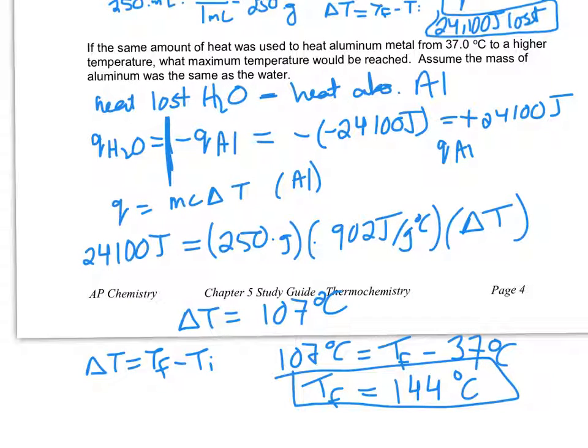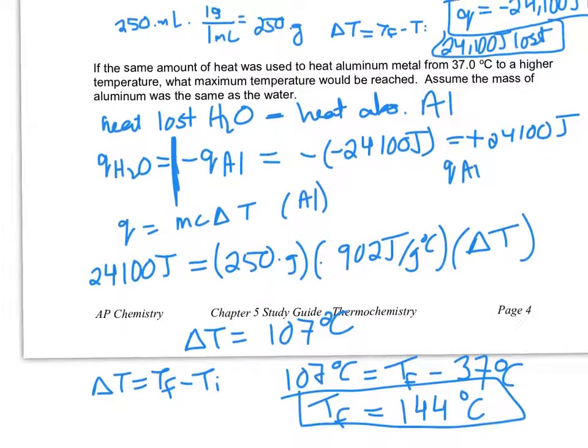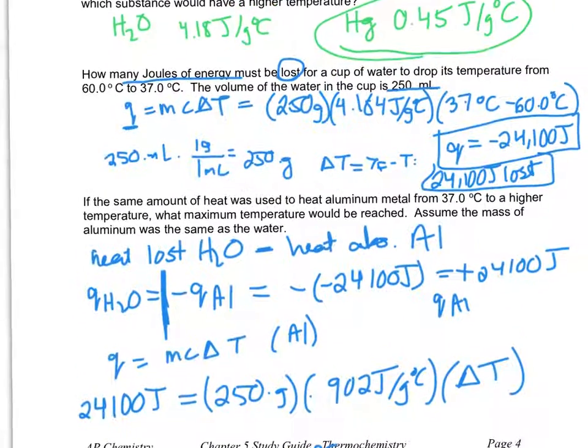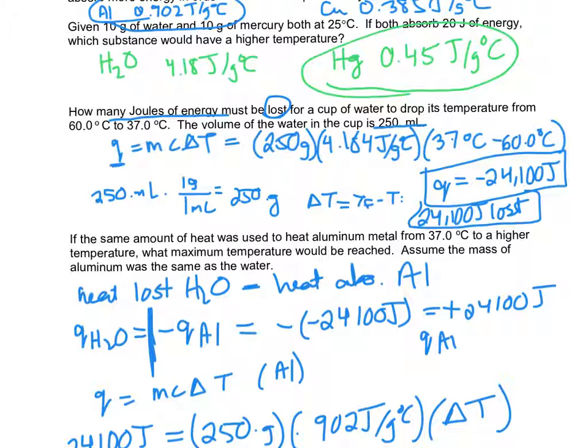Now, one last thing I want you to look at. The heat that was released by the water was absorbed by the aluminum. Let's look at the water. The water went from 37 Celsius to 60 Celsius. So it went up by about 23 degrees.